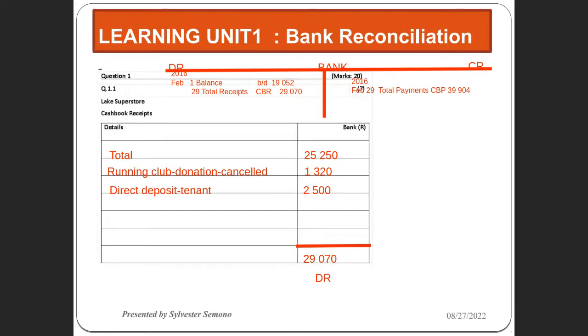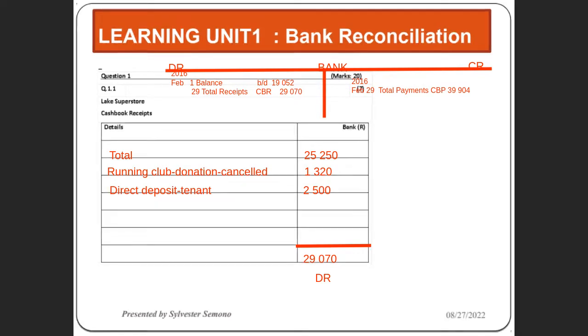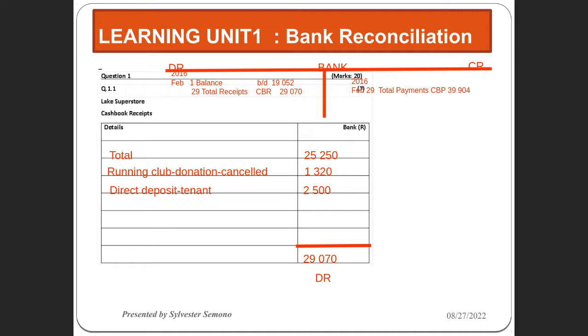It's 48,122 rand. 48,122. Okay. So this total must also appear on the other side, which is 48,122.